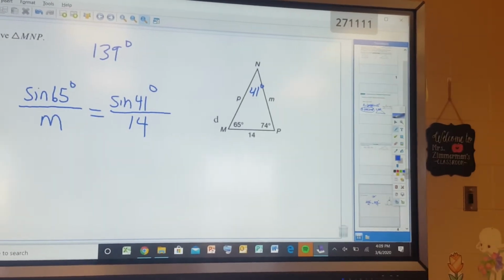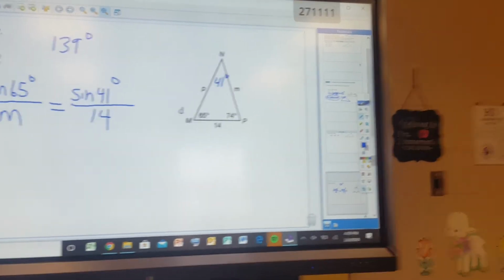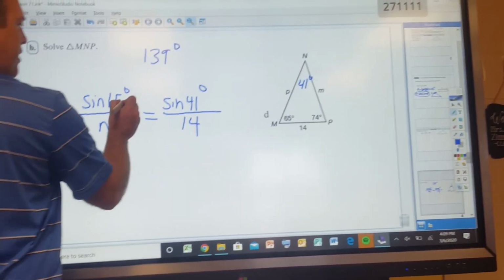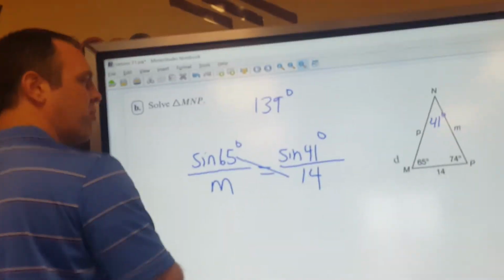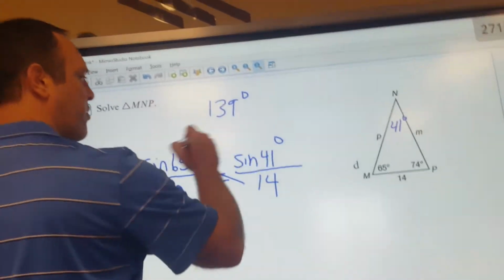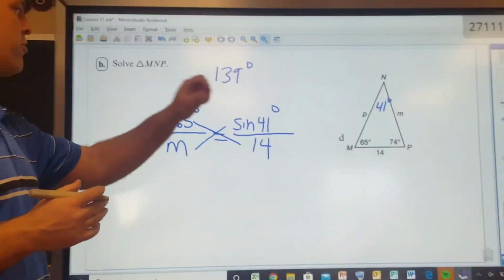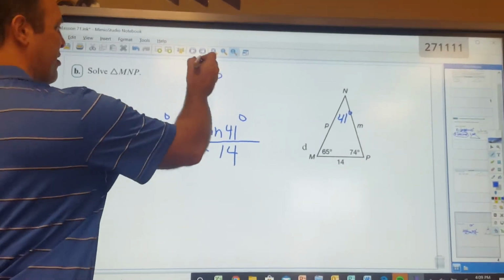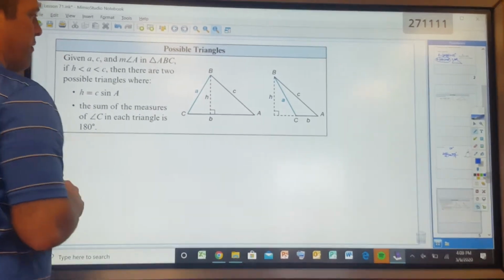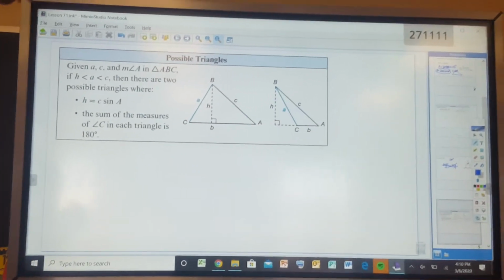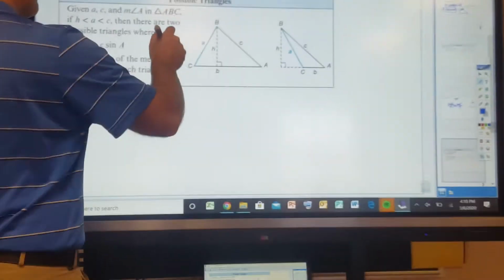We can use that anytime. Sine of 65, you can find it in your calculator, plug it in, multiply it by 14, then divide by sine of 41, and that's going to give me m. Just cross multiply. Remember, these are decimals that we can find by plugging them into the calculator to find those ratios.